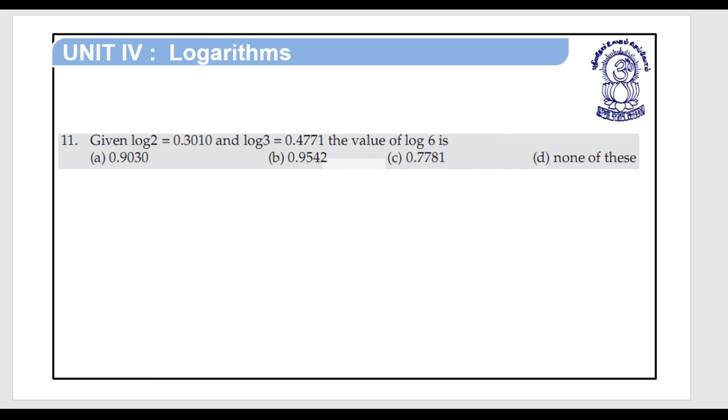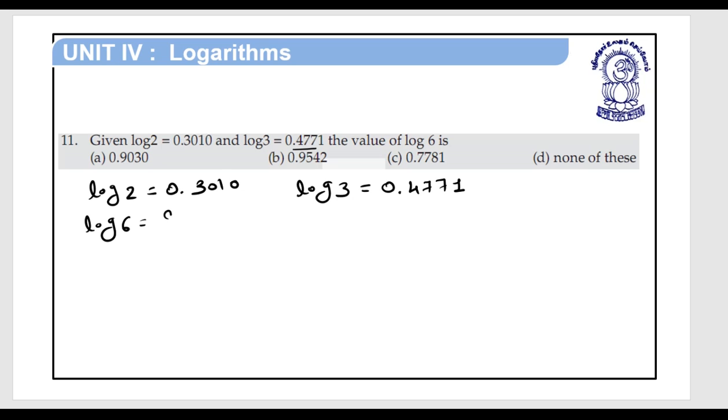Next. Given log 2 is equal to 0.3010 and log 3 is equal to 0.4771, the value of log 6 is? Log 2 is 0.3010 and log 3 is 0.4771, given. Find the value of log 6.